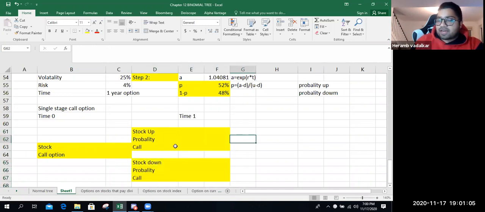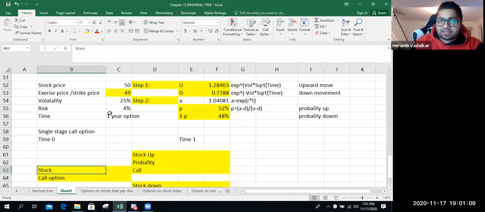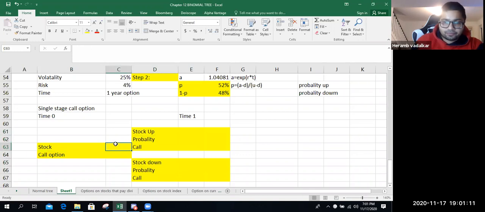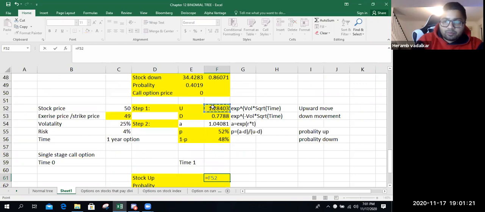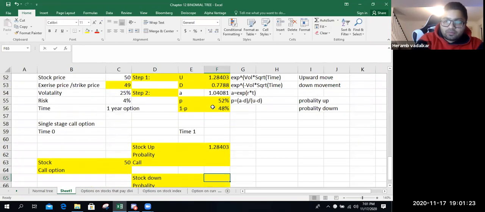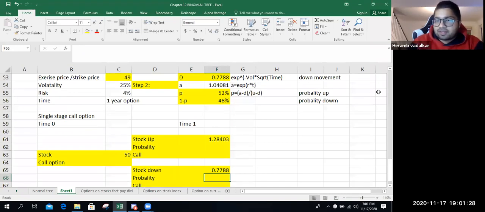Okay, so we'll start filling it up and then start solving. So current stock price is 50 bucks. Call option price we have to calculate. If stock moves up, it moves up by 1.28 times. If stock moves down, it moves down by 0.77 times.